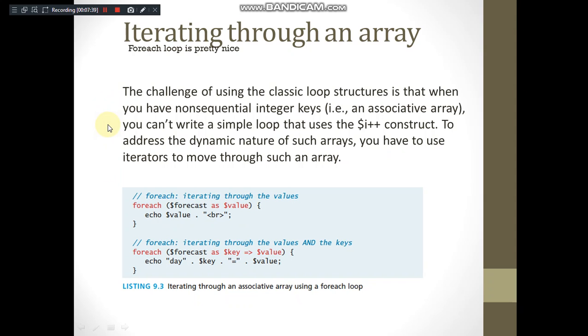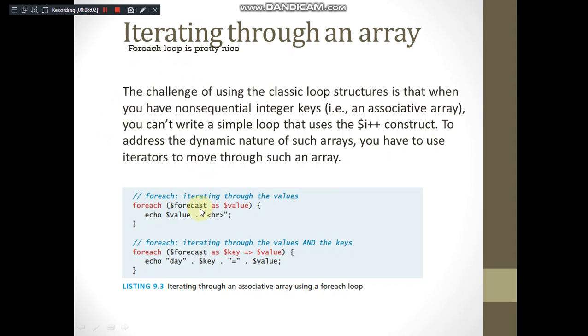We also have one more loop here, that is the foreach loop, which we rarely find in other languages. It is also available in JavaScript. If you make use of foreach, there is no need to specify the length of the array. It iterates from beginning to end automatically. For each element of the array, it will automatically iterate.